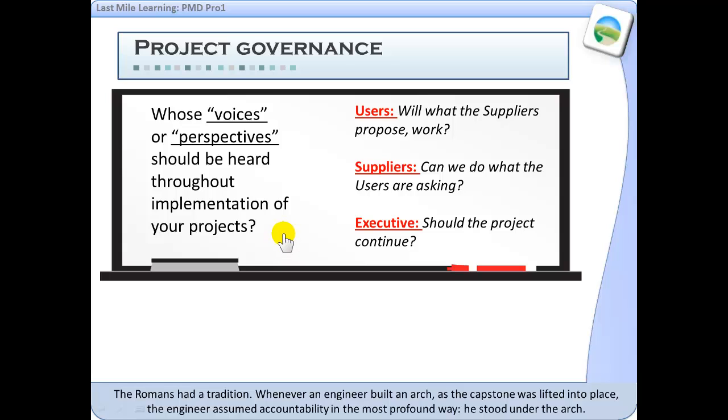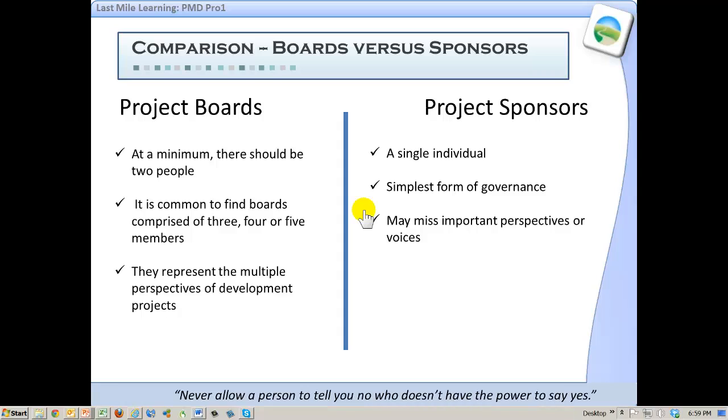Participation and ownership is an extremely important concept in the NGO, international development community. And we generally then, in project management, talk about users, suppliers, and the executives. So just wanted to remind you to become familiar with those.